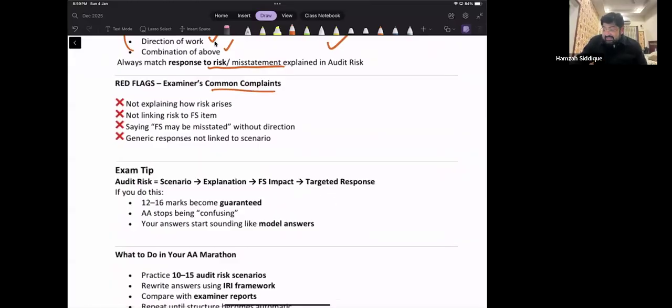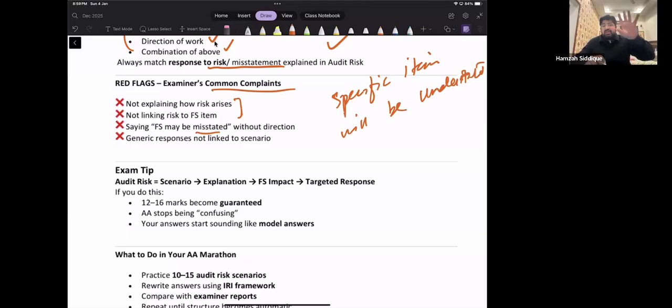Now, what the examiner says, these are the words from the examiner I'm telling you. Students do not explain how risk arises, and they are not linking its impact on the financial statements. They say financial statements may be misstated, where you can tell which specific item will be understated.